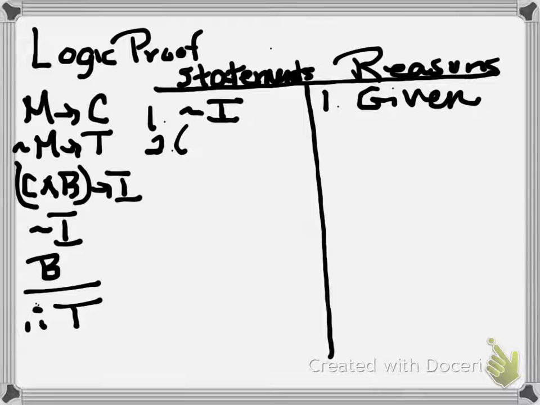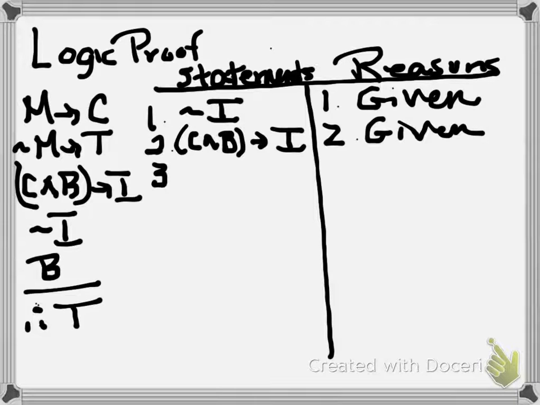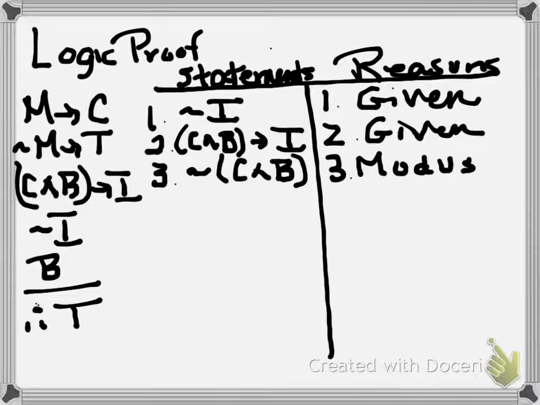Then I take C and B implies I. Now the negation of the conclusion, not I, means the negation of the hypothesis, which is not, and then parenthesis, C and B. And that's modus tollens. And it's on lines 1 and 2.